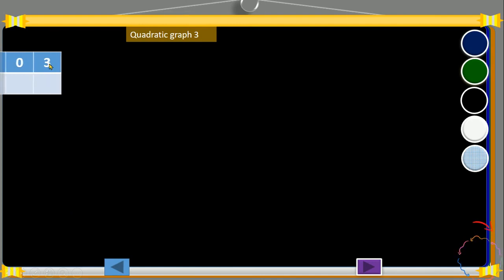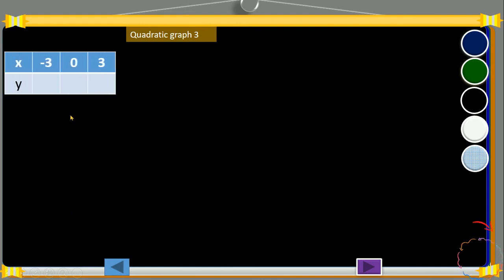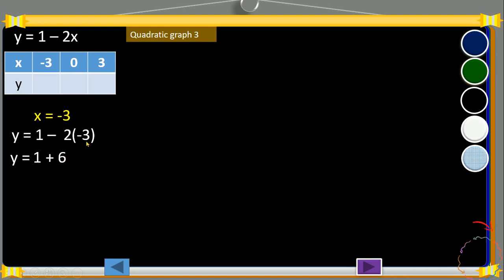Now, for a straight line graph, we just need 3 points to plot the graph. And the graph we're plotting is y is equal to 1 minus 2x. So when x is equal to minus 3, we replace x with minus 3 here. Y will be equal to 1 minus minus 6, which is plus 6, because minus times minus gives plus. Then y will be equal to 7.